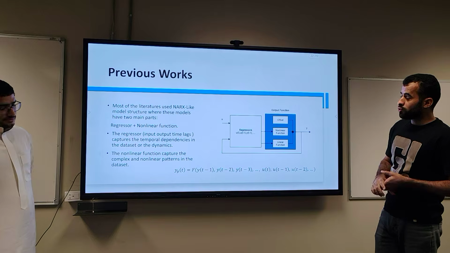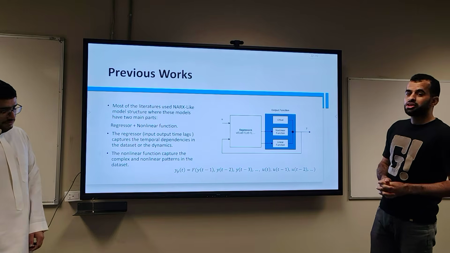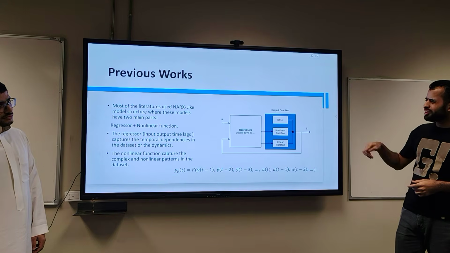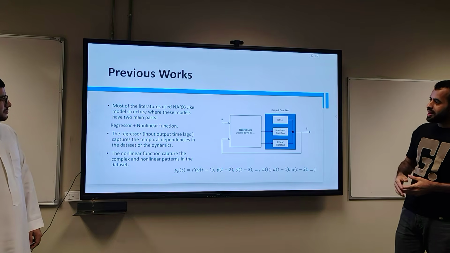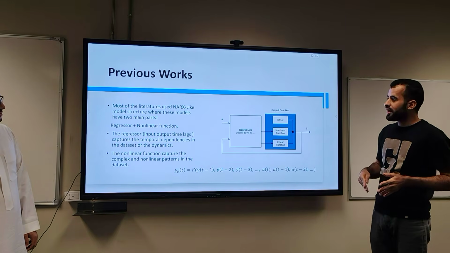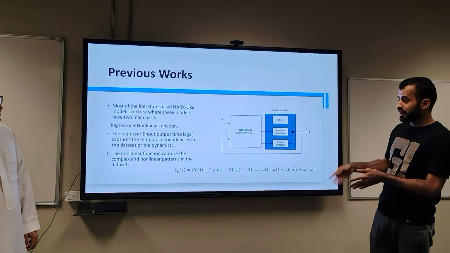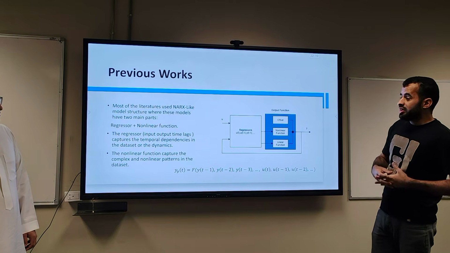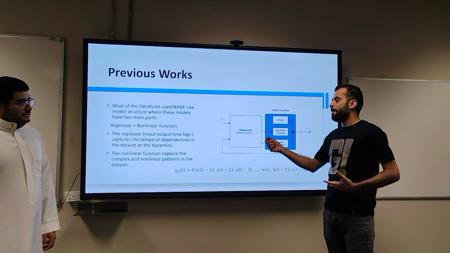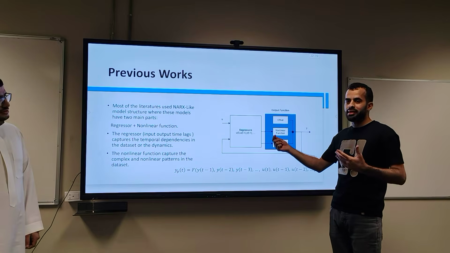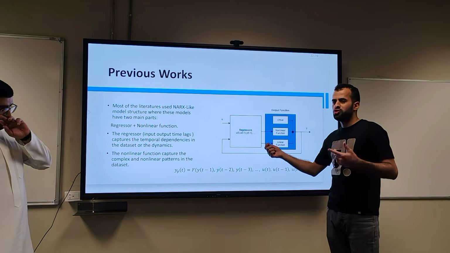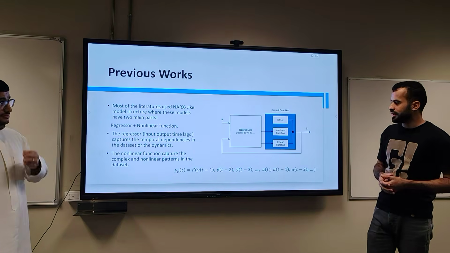Regarding the previous works, what we found is that most of the literature uses nonlinear ARX model-like structures, where the model has two main parts. The first part is the regressor, and the second part is the nonlinear function. The objective of the regressor is to take the input and output data lagged in time, because we want something to capture the dynamics in the data.